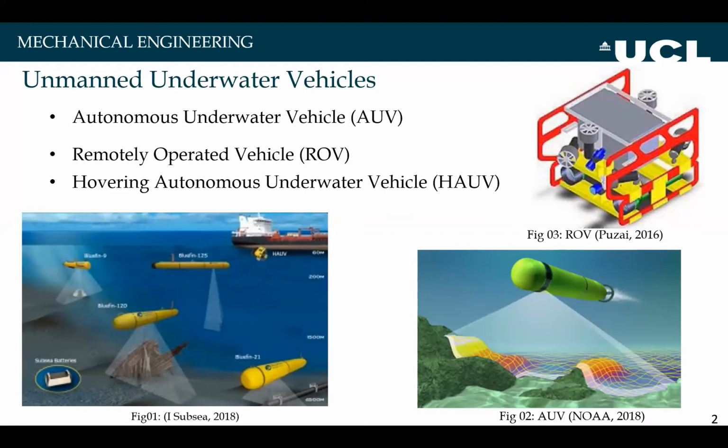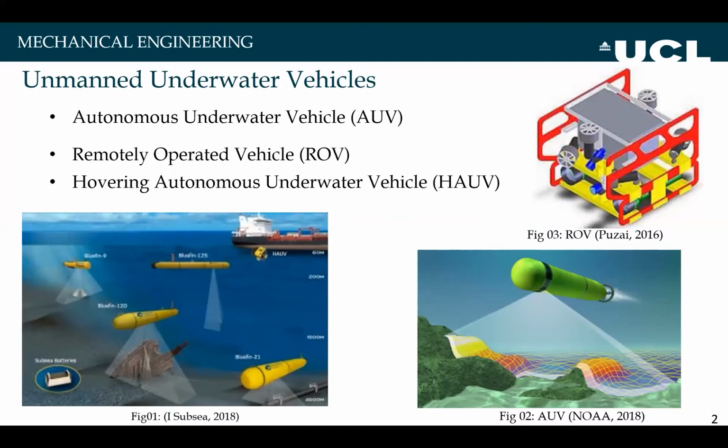On the other hand, remotely operated vehicles are tethered, slow in speed, and can only cover a small area because of the limitation of the cable. But the major advantage of a remotely operated vehicle is that it has a special maneuvering capability called zero steady turning radius.